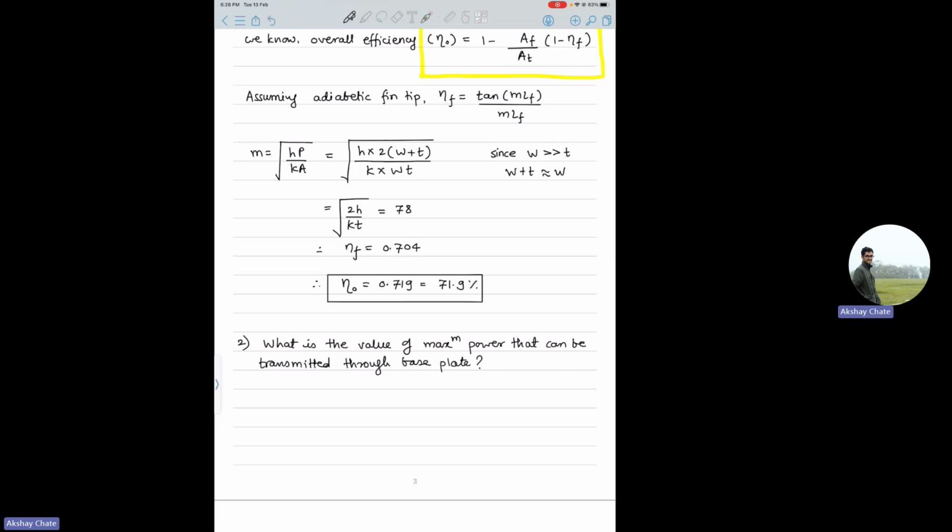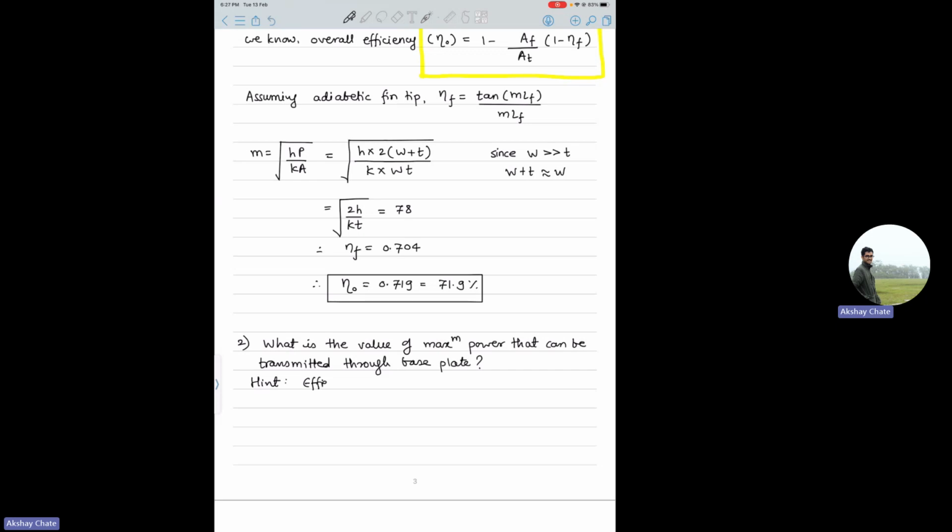And they have given one hint here, so instead of doing the hard way, they have provided a hint here.